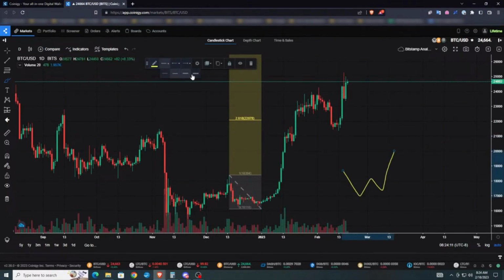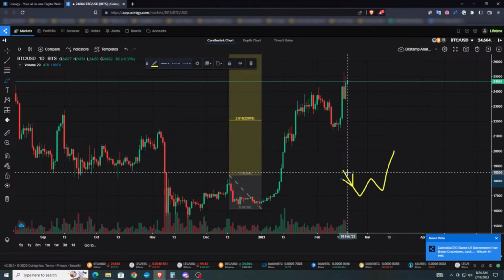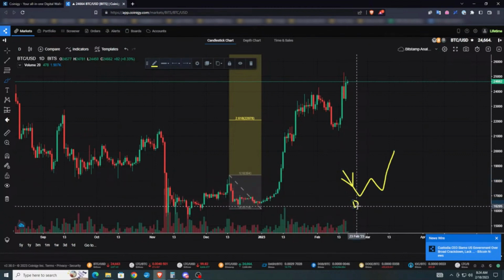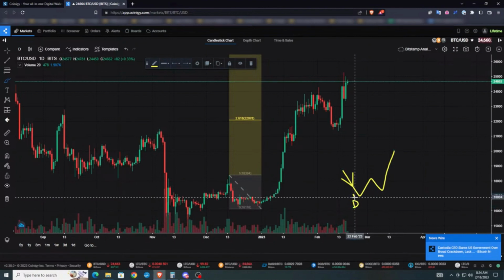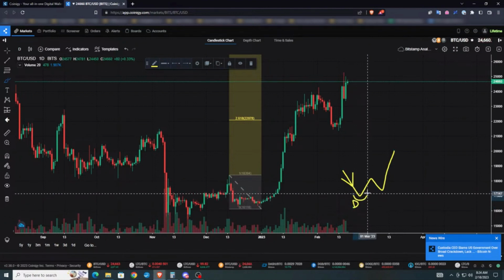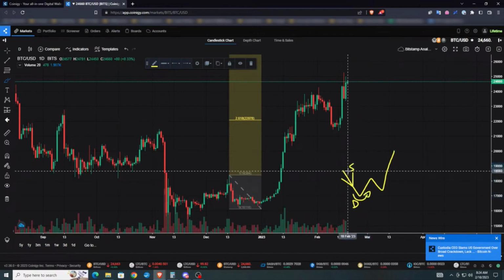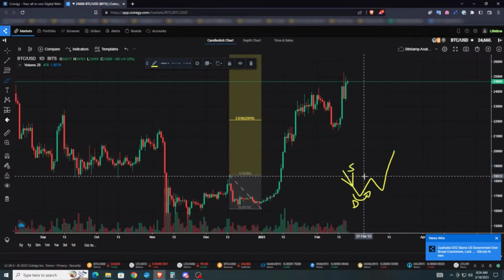In essence, we have a situation here where the trend was pointing down. The market ran into demand, which turned that equation around. So demand overwhelmed supply and pushed price up.